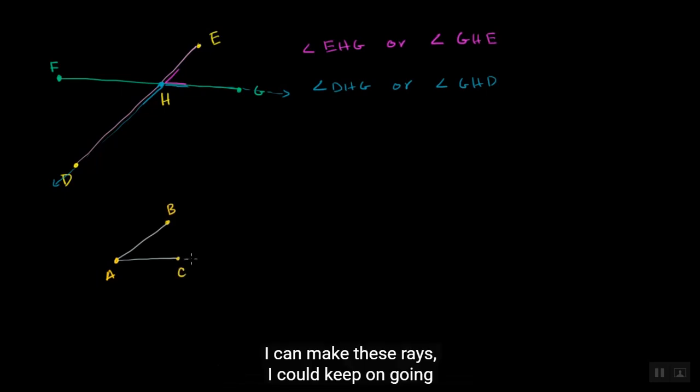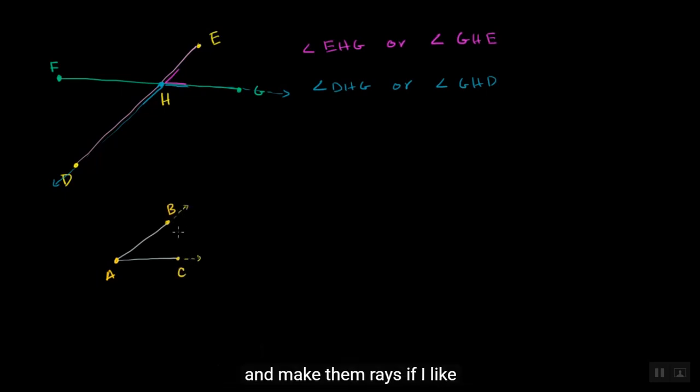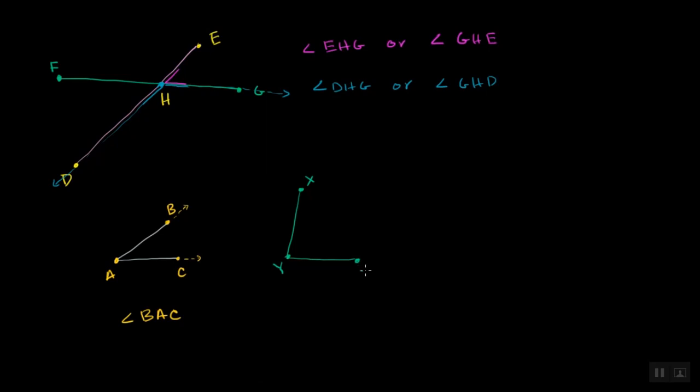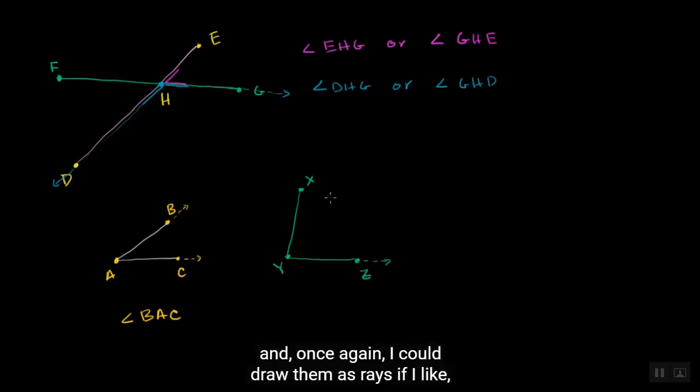I could make these rays. I could keep on going and make them rays if I like, or I could just keep them as line segments. So right over here I have angle BAC, and let me draw another one, and let's say this is angle XYZ. Once again, I could draw them as rays if I like, to go on and on and on.